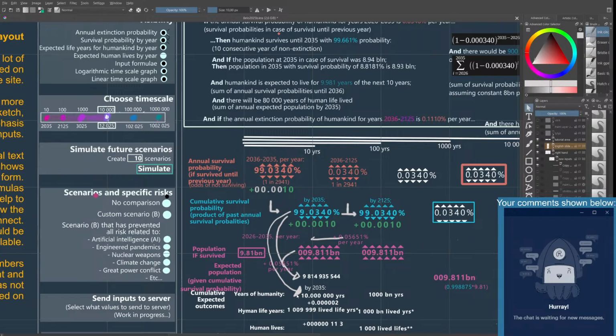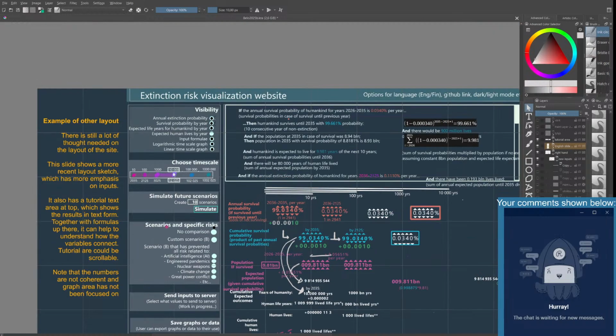I think one benefit of that would be that the user could choose to ignore these population things and focus just on these existence measures.